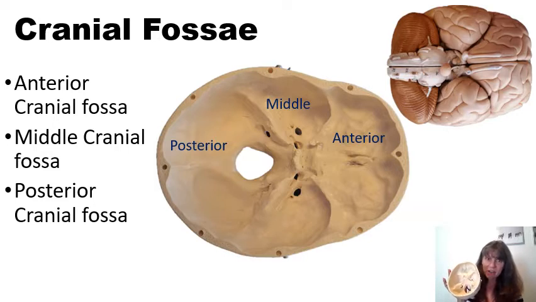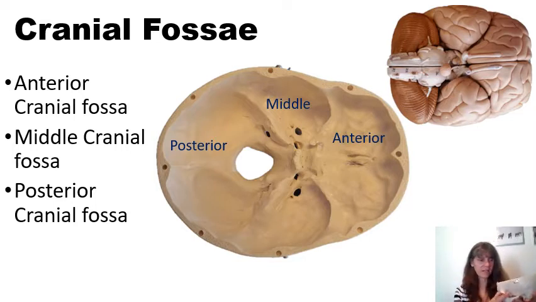There are 3 cranial fossae created by the cranial bones. We have an anterior cranial fossa, a middle cranial fossa, and a posterior cranial fossa. These fossae are created to envelop the contours of the brain, which you can see on the upper right-hand side.